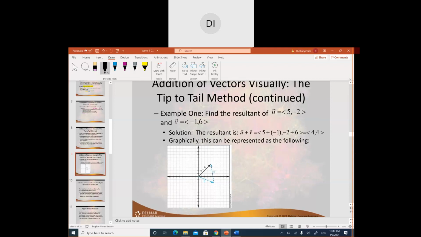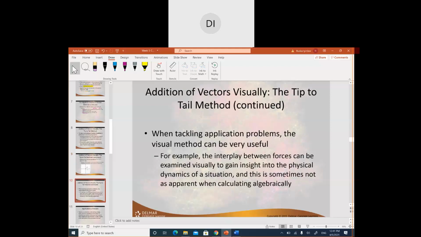The first vector stops here, the second starts here, and the result vector goes from the beginning of the first to the end of the second. So you have vector u plus vector v, positioned like this, and this is the result. We're not going to have more of this, but it's just to have a visual of what that means. So that's one method.